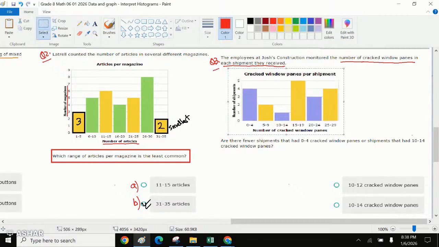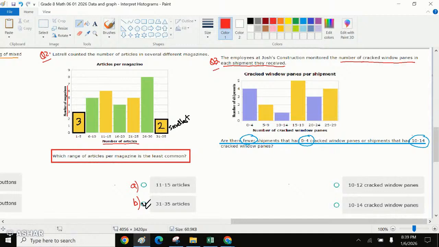And the question is asking, are there fewer shipments that had 0 to 4 cracked windows, or the shipments had 10 to 14 cracked windows, right? So we need to see which one had fewer.